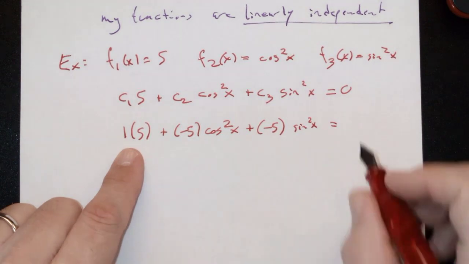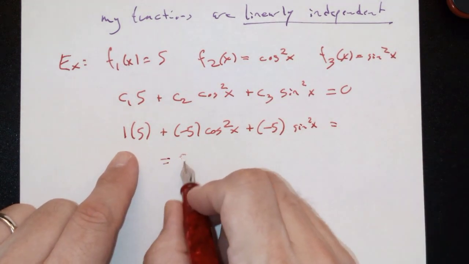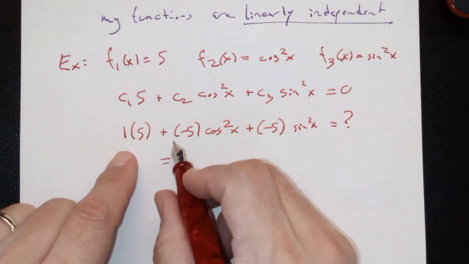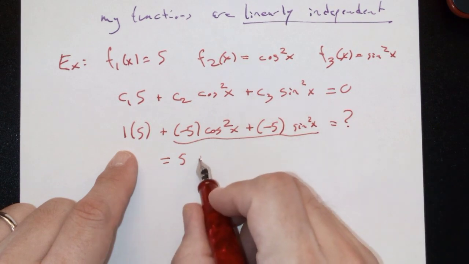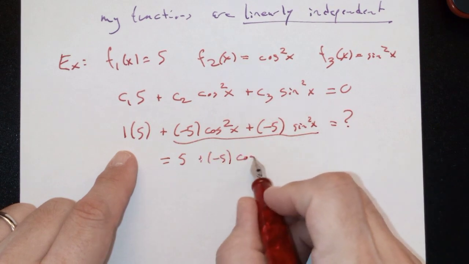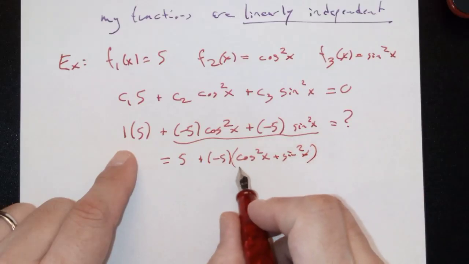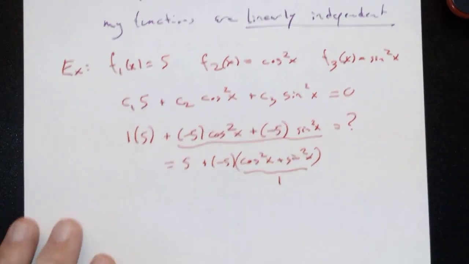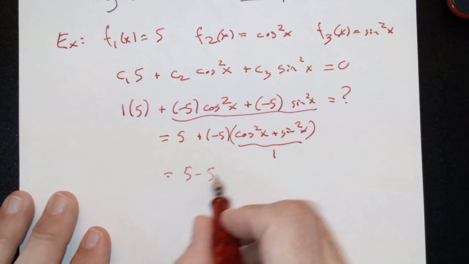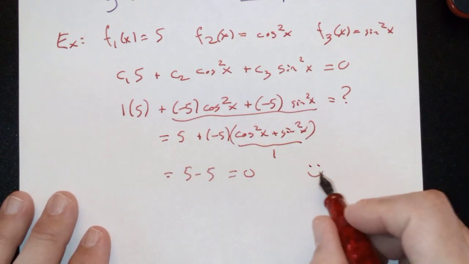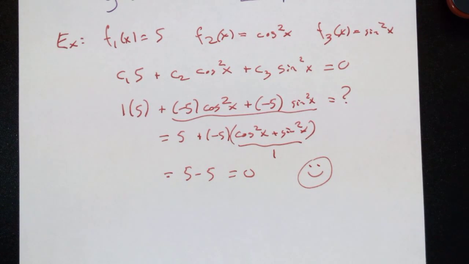Well, this is a 5. This is -5 times cosine squared x plus sine squared x. And you just told me that was equal to 1, which makes this 5 minus 5, which makes this 0. These are dependent.